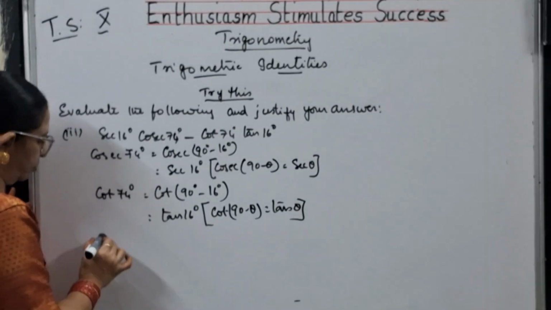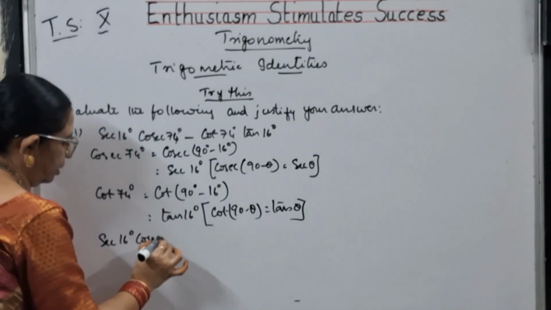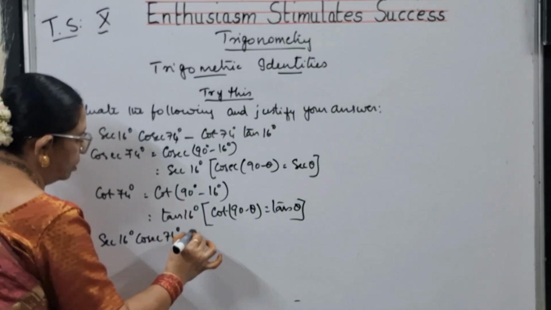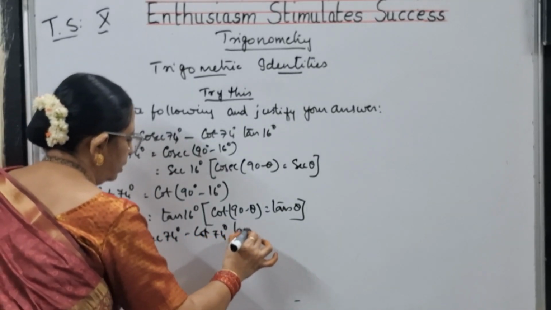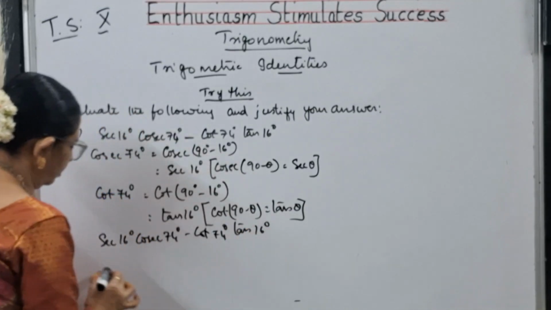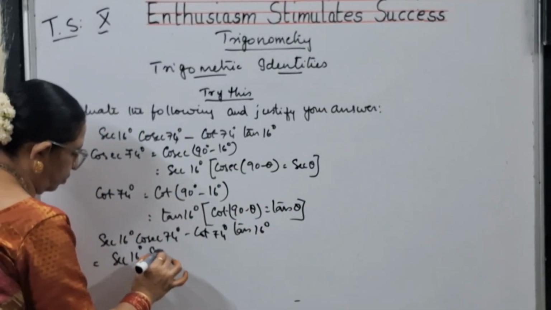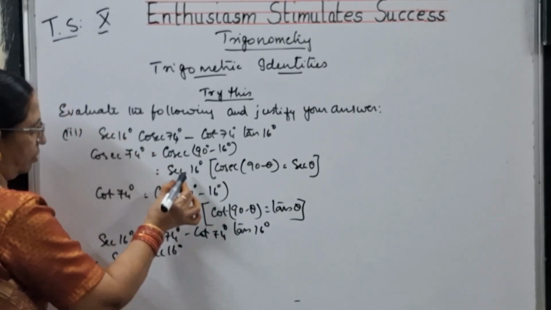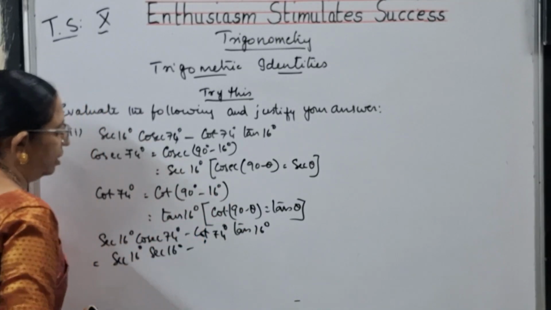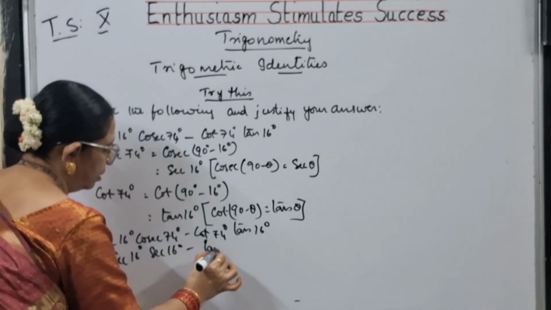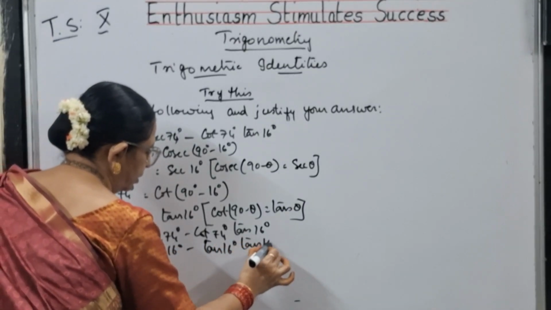So what is the problem, children? Secant 16 degrees into cosecant 74 degrees minus cot 74 degrees into tan 16 degrees. This is equal to secant 16 degrees into secant 16 degrees minus tan 16 degrees into tan 16 degrees.